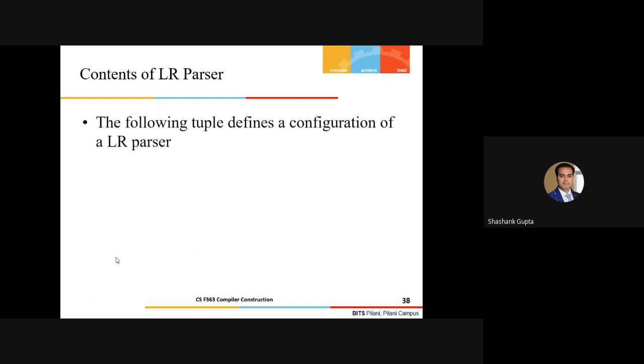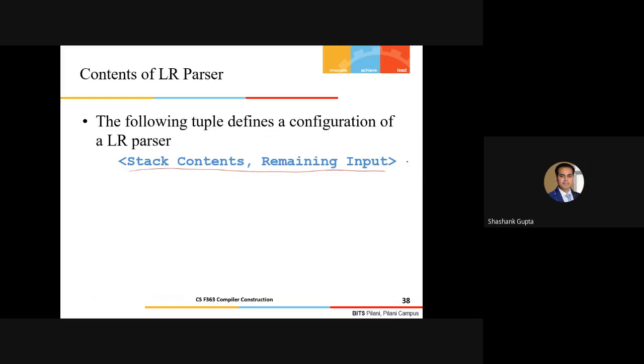Now, the contents of the parser here. What is the stack configuration at a certain point of time? The following tuple defines the configuration of your LR parser at any point of time: stack contents and the remaining input. This is the concatenation, because this is where your dot is coming. Just try to visualize the remaining input which is supposed to be parsed, and this is the rest of the configuration of the stack.